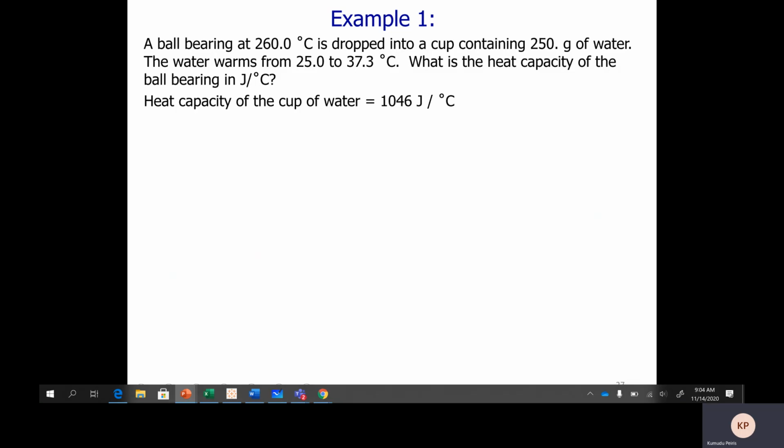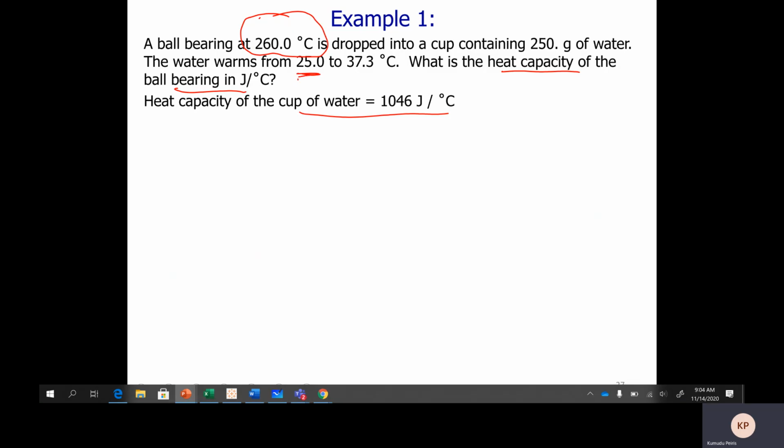What is the heat capacity of the ball bearing in joules per degree Celsius? We are looking for the heat capacity of the ball, and we are given the heat capacity of the water. And we are given the initial temperature of the ball. So it is the hot object, and it is dropped into a sample of water. What is the initial temperature of that sample of water?